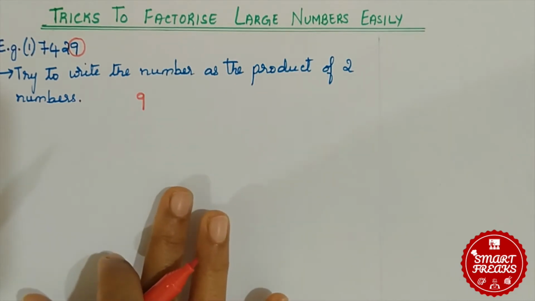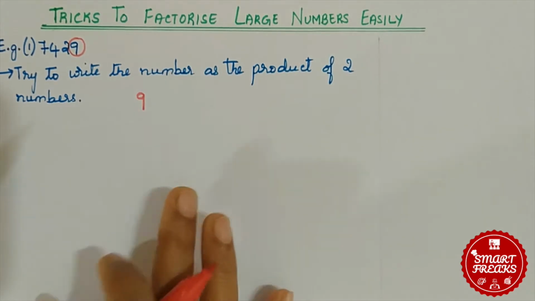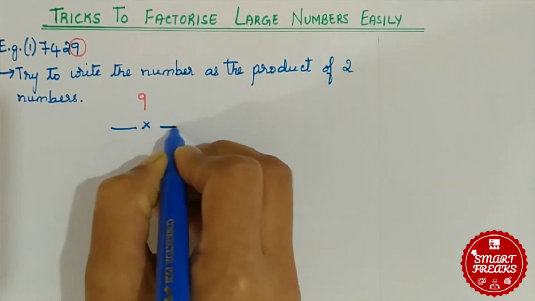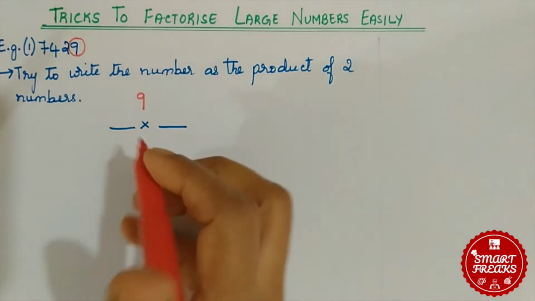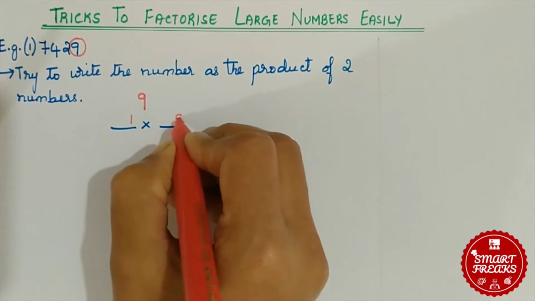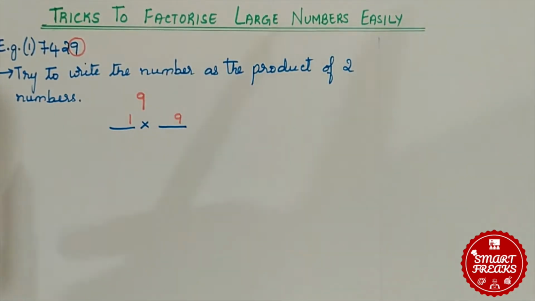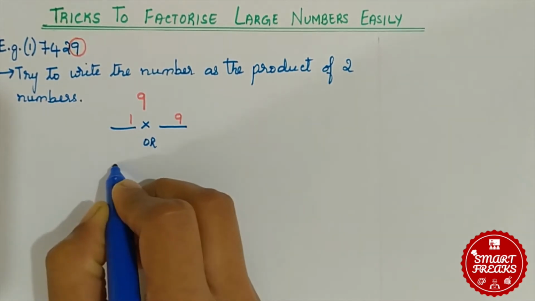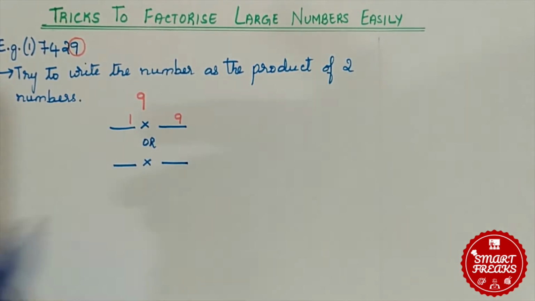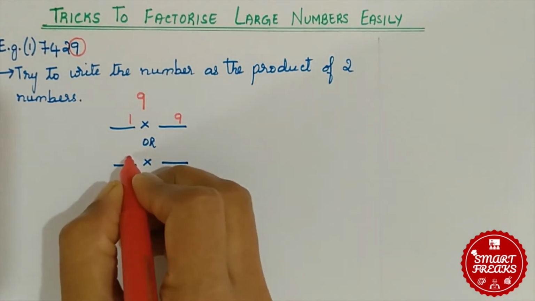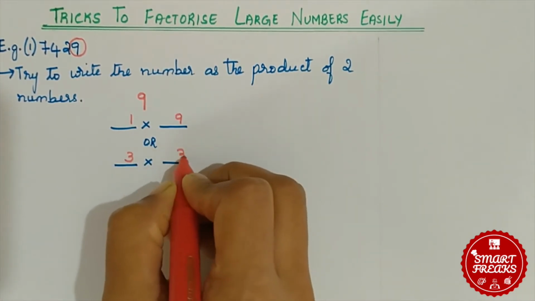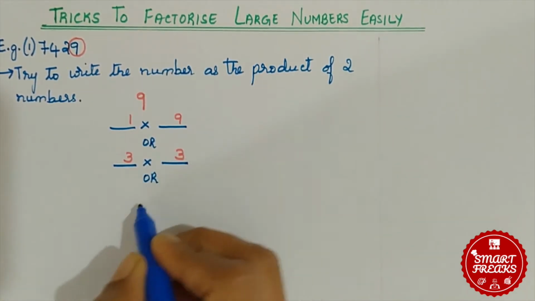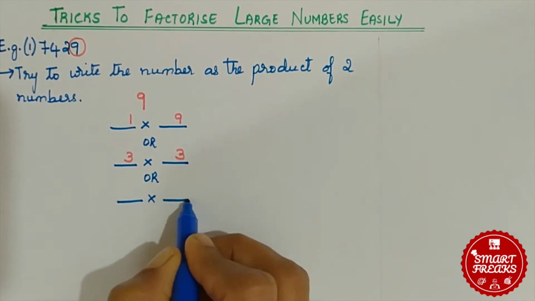So, we have 1 into 9. Any other number? Or 3 into 3. Any other number? Or 7 into 7.